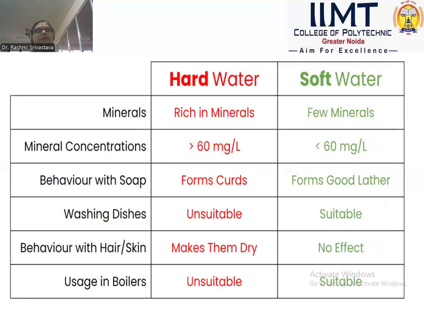As we define hard water and soft water on the basis of minerals, hard water is rich in minerals, and soft water is low in minerals. Compared with soft water, hard water contains much more than 60 mg per liter concentration of calcium and magnesium minerals.